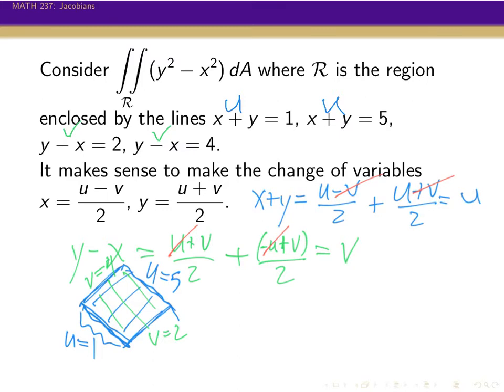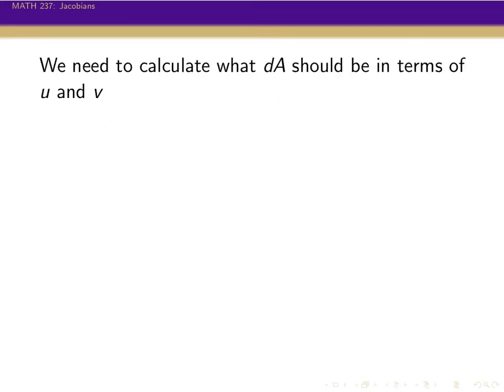Okay, so same thing as before when we do the u substitution, we care about what happens to dx. Here we have to care about what's going to happen to dA as we change our area from being in terms of x and y into being in terms of u and v. So we need to calculate what dA should be in terms of u and v. Similar to what we did when we started talking about double integrals, we have to think about what is the area that's cut out when we increase u and v by a little bit.